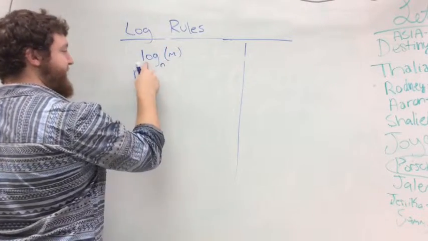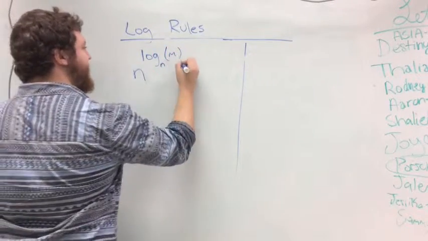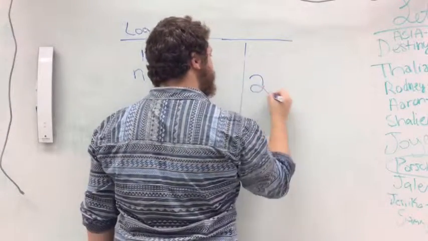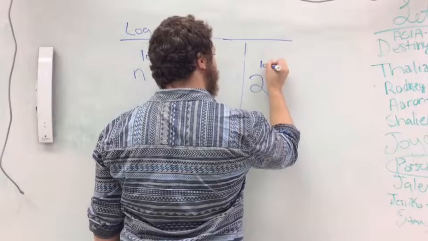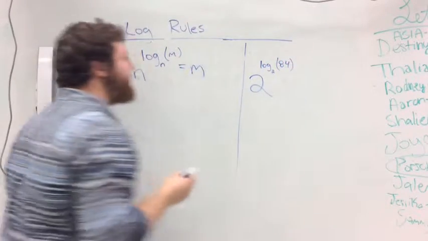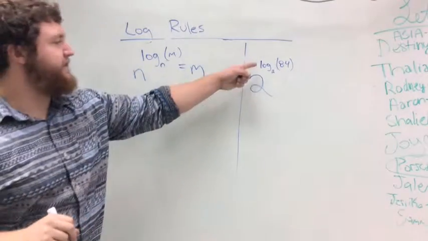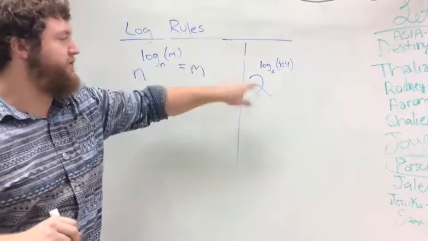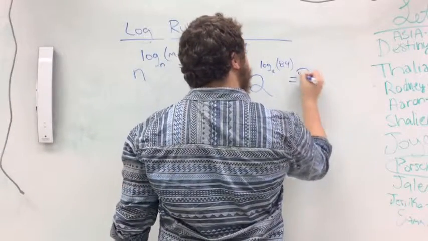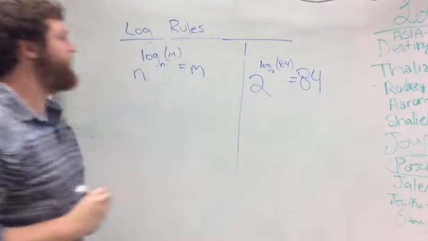So it's n to this power, the whole thing, and then all you're left with is m. So if you've got 2 raised to the log base 2 of 84, when you raise a log as a power, it cancels the whole thing out as long as it's the same number. Then this answer is just 84.